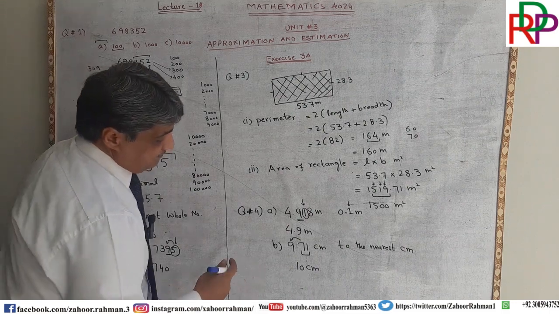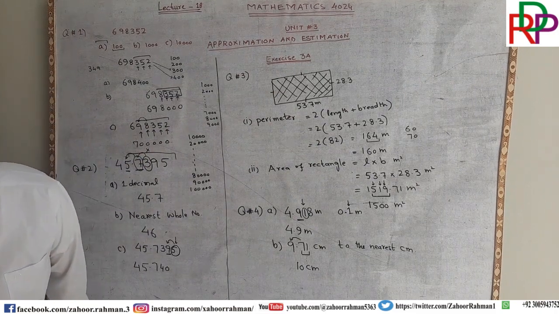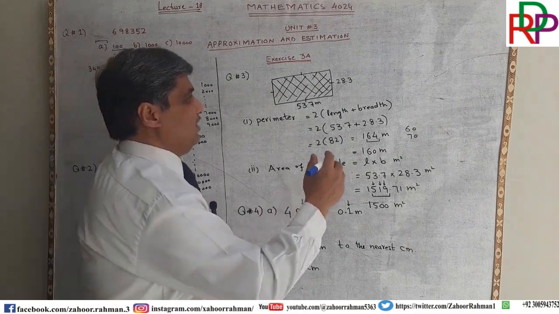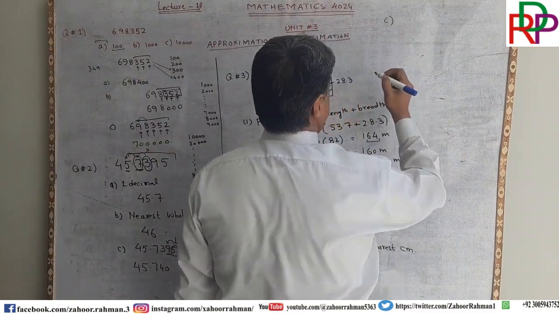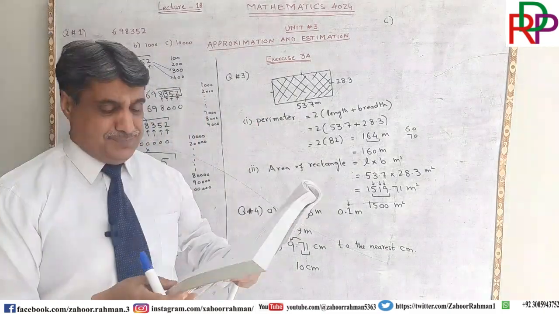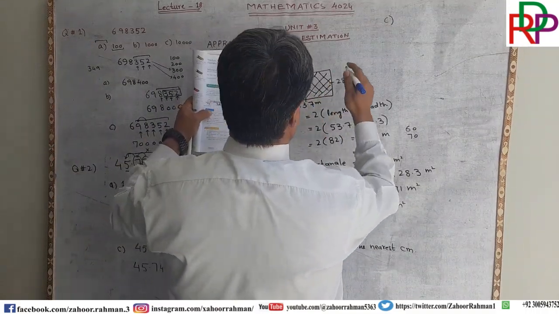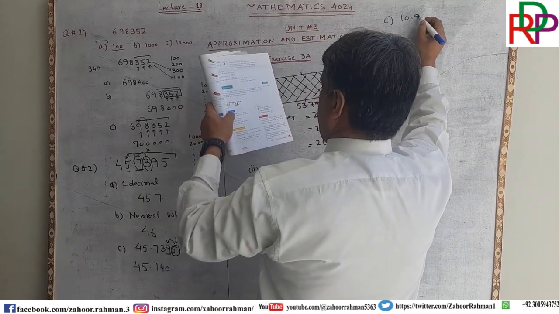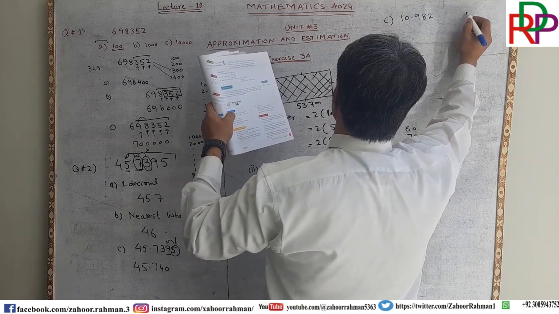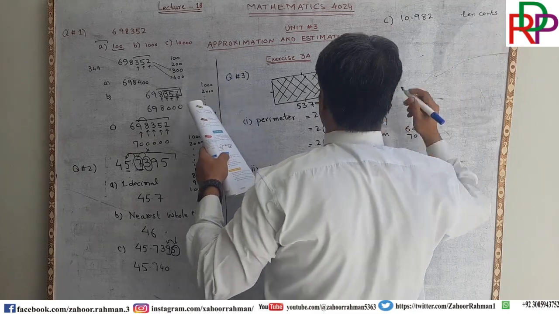This was part number B. Now we have to write part number C. Part number C is saying 10.982 to the nearest 10 cents.